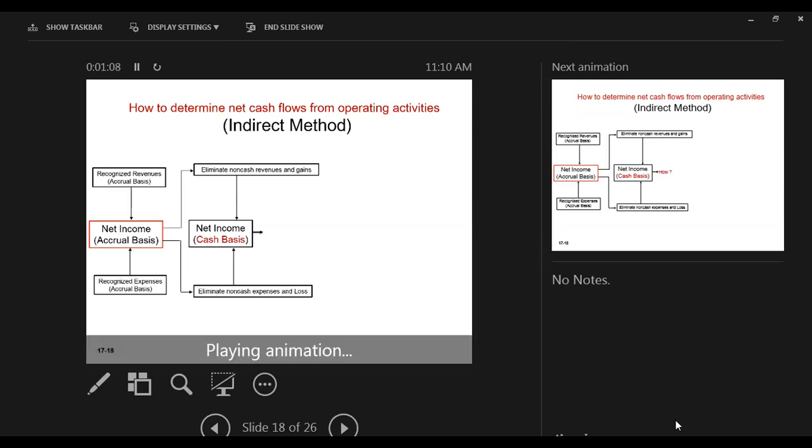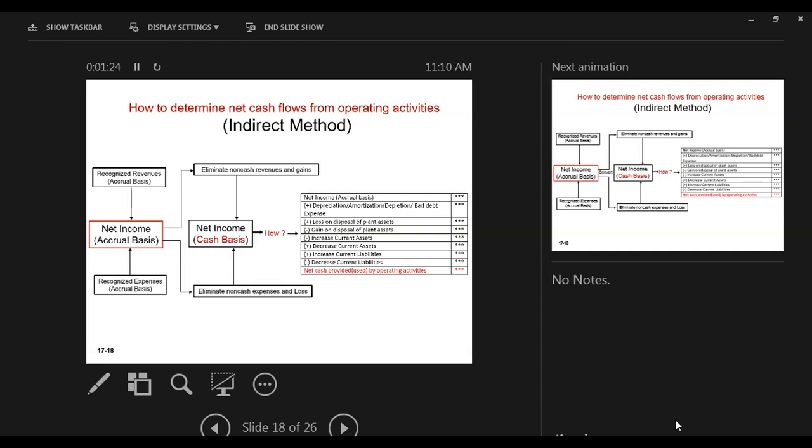Now the question is how to delete them. It is not easy just to delete something. To do this kind of activity, we have to follow some steps. These are the steps that will tell you how to convert accrual basis of net income to the cash basis of net income.